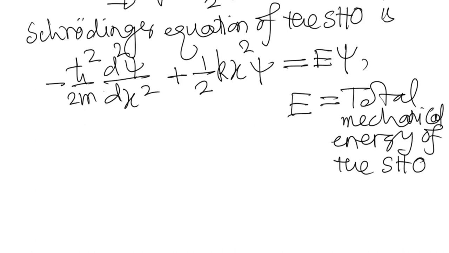Now we know in quantum mechanics the linear momentum operator is nothing but minus i h cut d by dx.